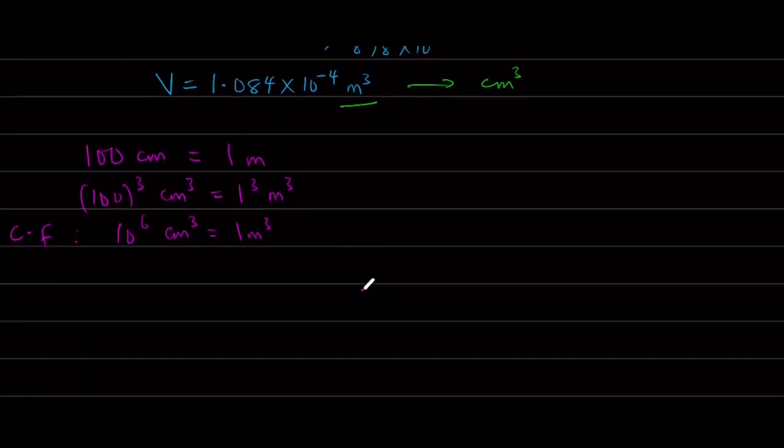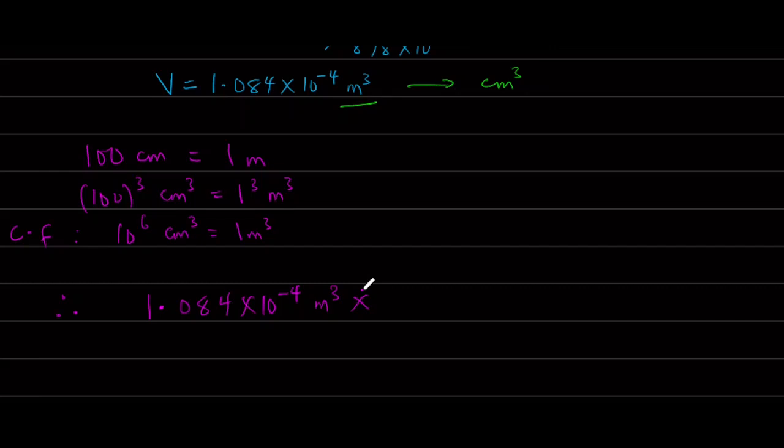Now that we have obtained the conversion factor, we multiply the value that we are given by the conversion factor. Our value given is 1.084 exponential minus 4 in meter cube. We multiply it by the conversion factor in a way that the unwanted unit, which is meter cube, cancels out.